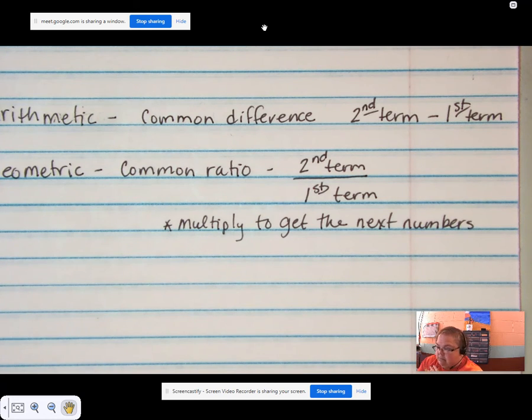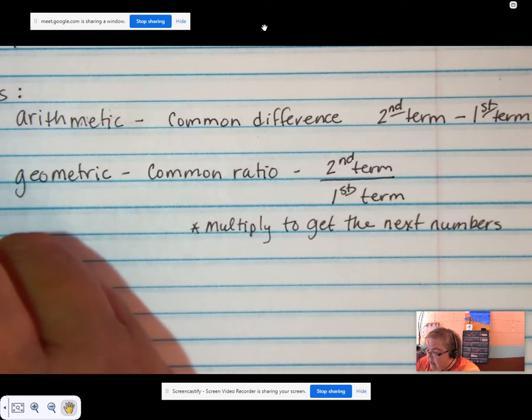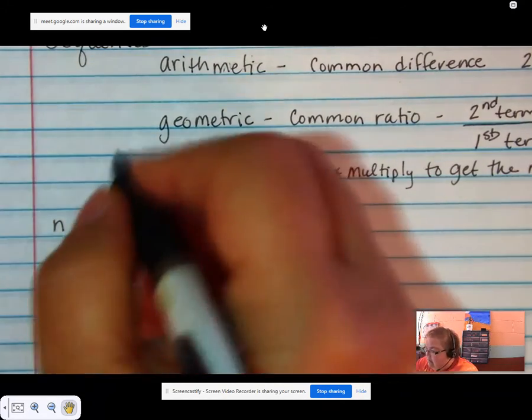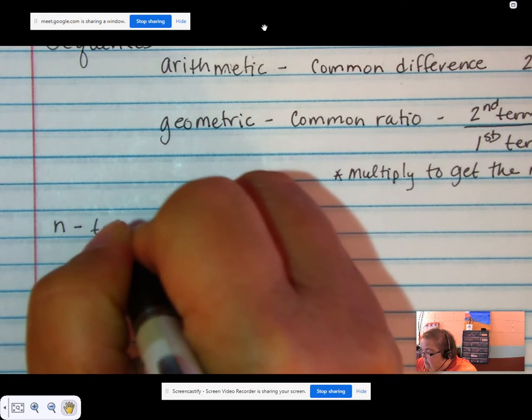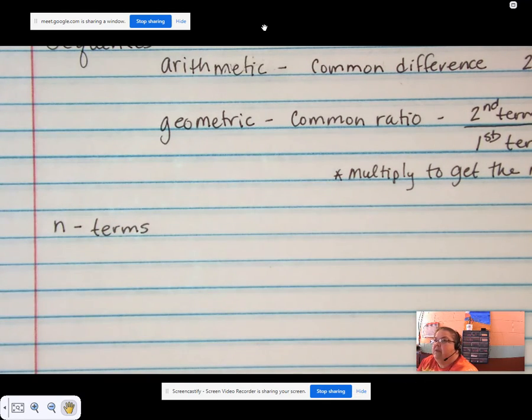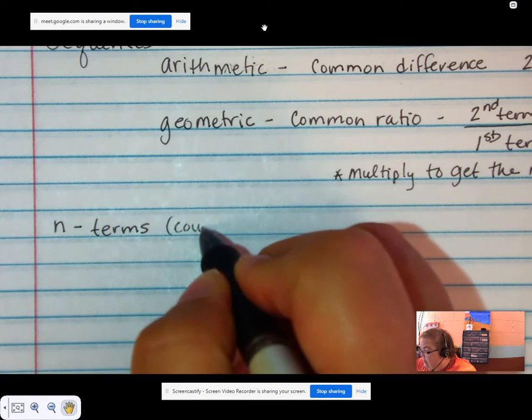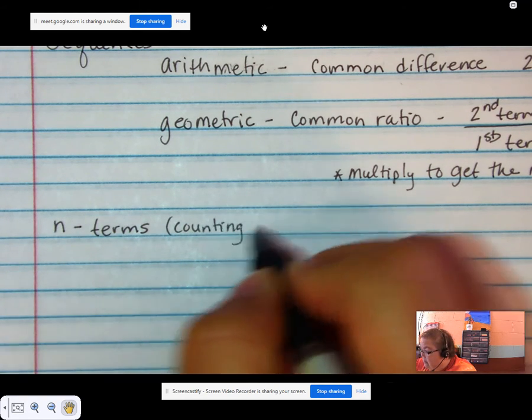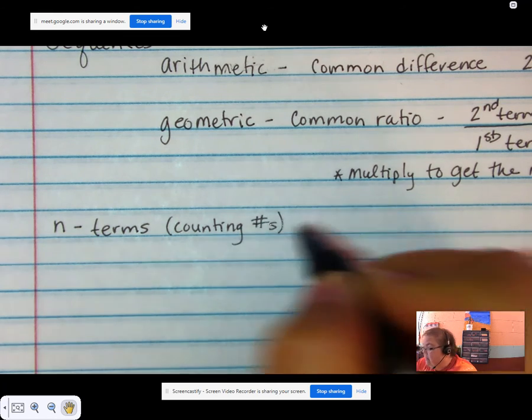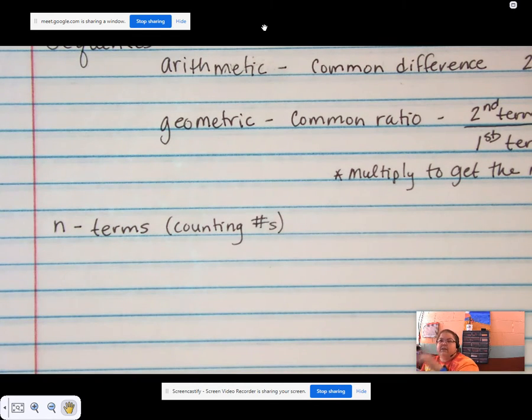Okay. So that's just some beginning. And then one other little piece of information. Remember that N are the terms. N means terms, and for us that means those are the counting numbers. 1, 2, 3, 4, 5, 6, 7, 8, 9, 10, right?